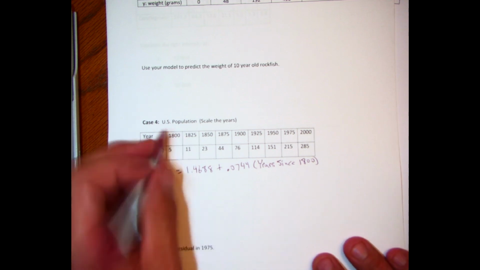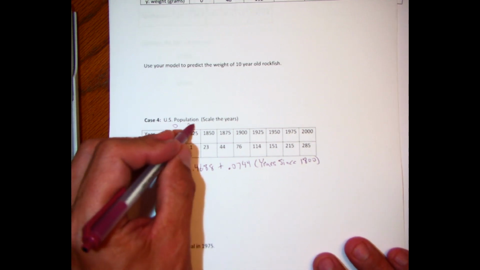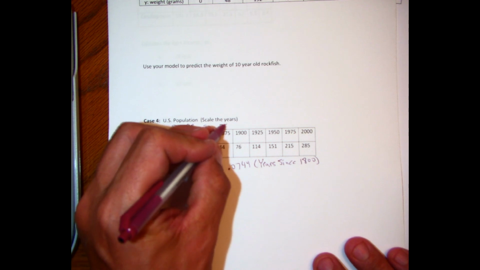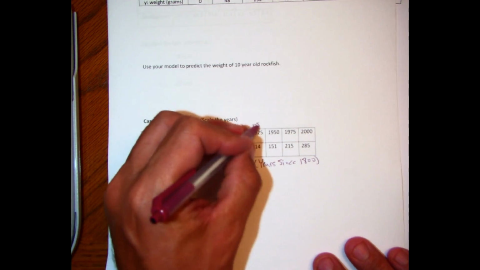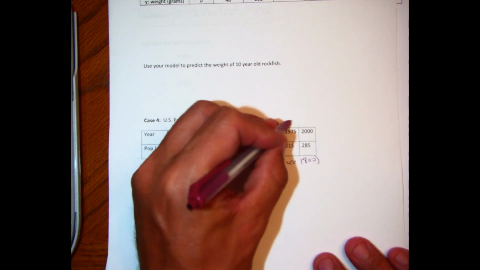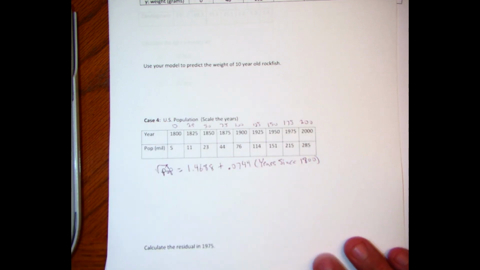Since we rescaled this, we made this 0, and this was 25 and 50, 75, 100, 125, 150, 175, and 200. Okay.